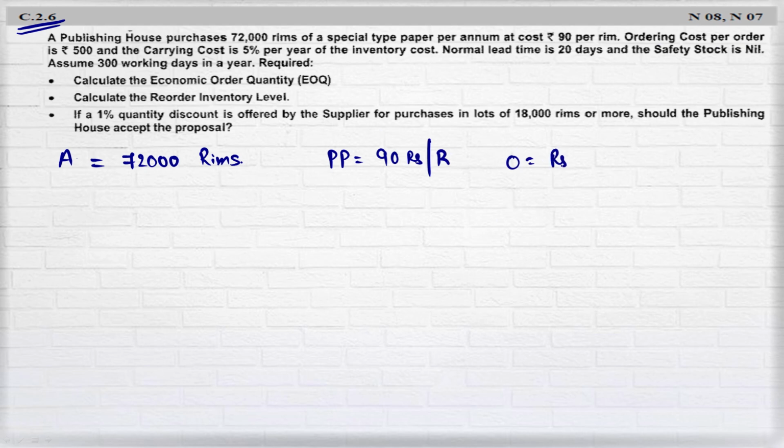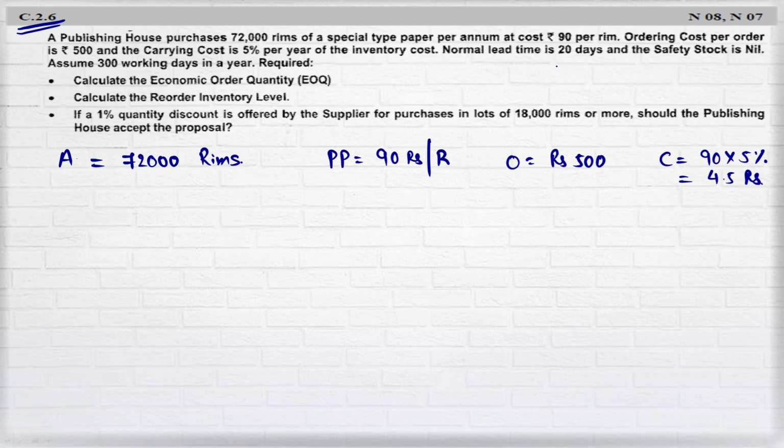So O is rupees 500. The carrying cost is 5% per year of the inventory. So C will be 90 into 5%. Now I am doing it directly. One unit costs me 90 rupees and to carry that unit I need to incur 5% cost, which will be 4.5 rupees.